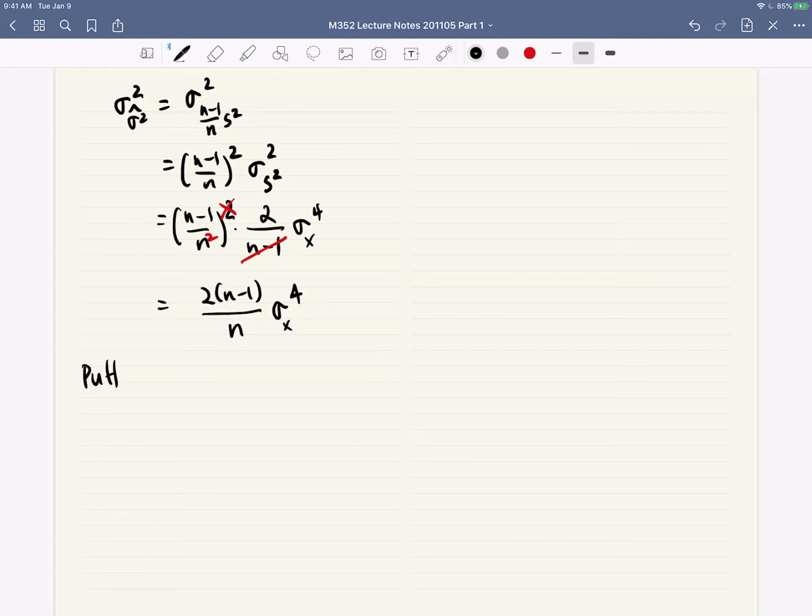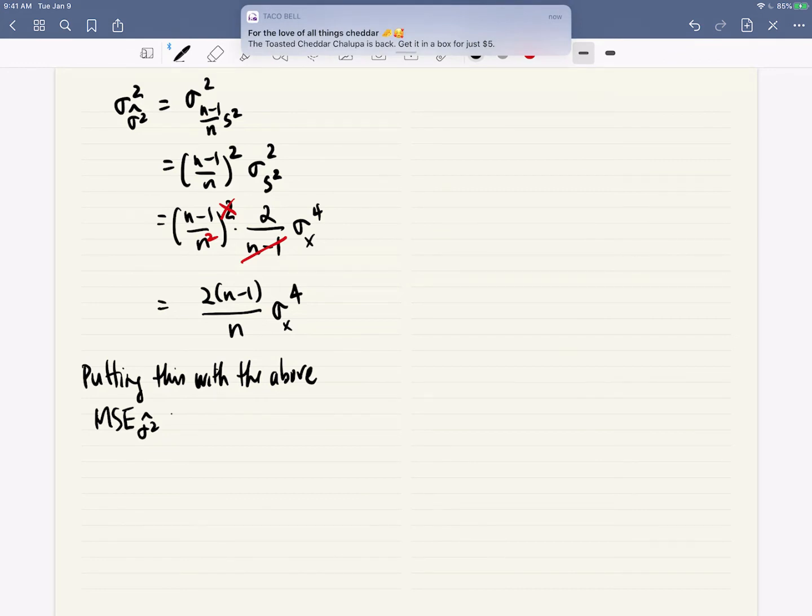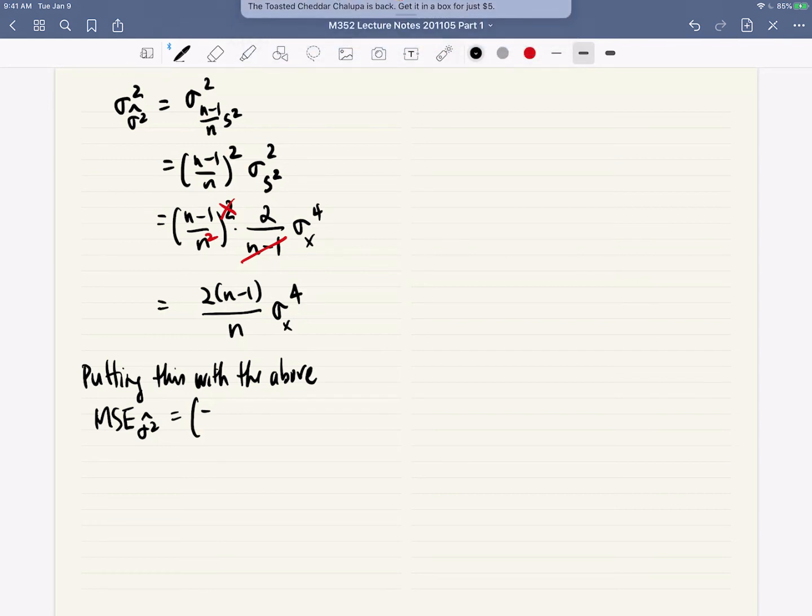Putting this with the above, we get the mean squared error of our estimator is the sum of the squares of the sources of error.